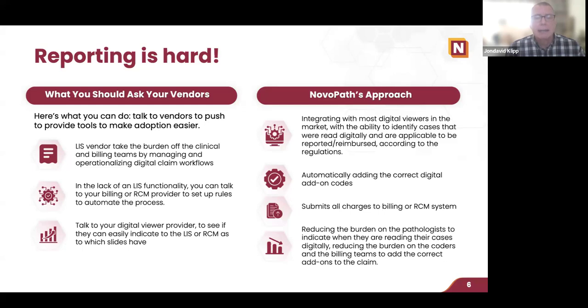So there's two forms of payback when you invest in digital pathology.